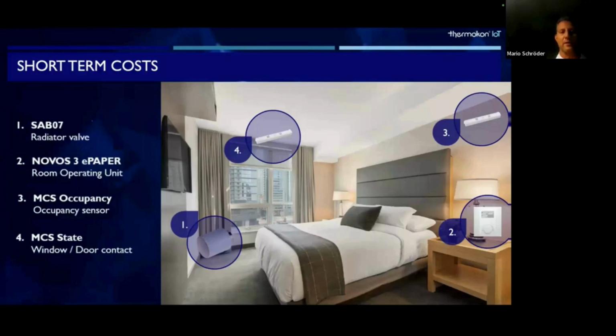We start with a valve actuator. This leads to 20 to 30% energy savings. You can add a room operating unit, which also indicates the CO2 level, which gives us a great indicator of when we have to open the window to be more productive.